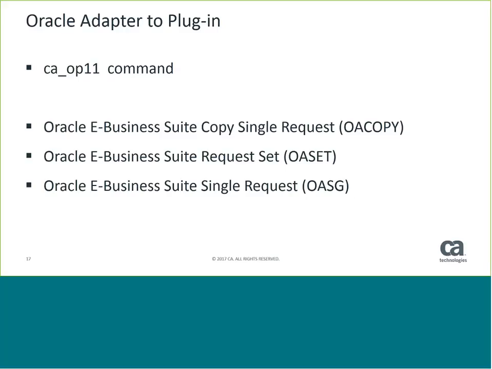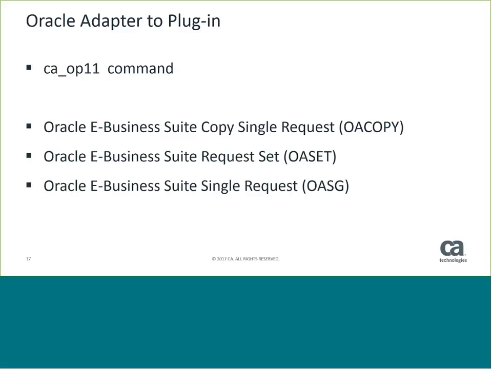All right. So over to the Oracle side, in the adapter, you run the CA OP11 command line. You give it parameters. You can do single requests. You can do request set. You can copy a request.